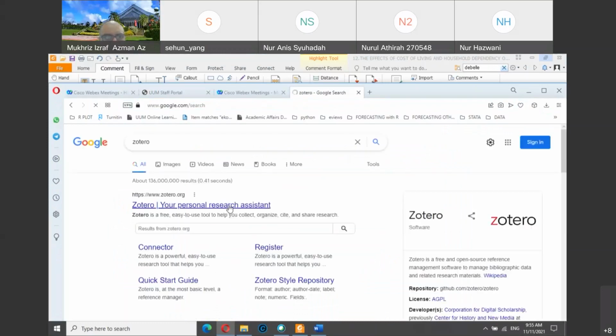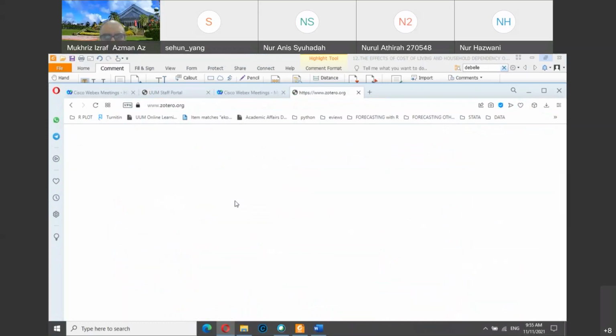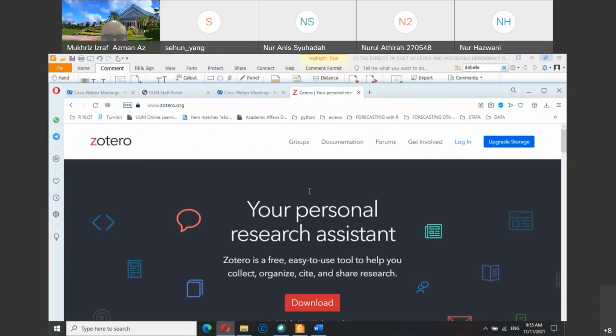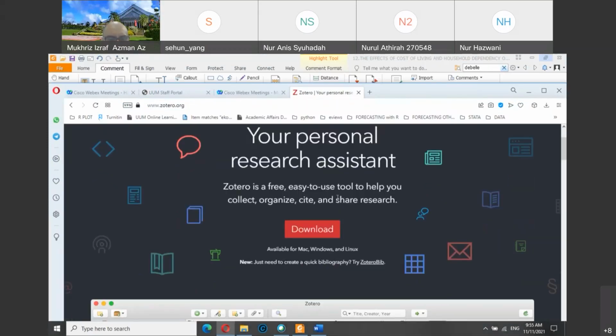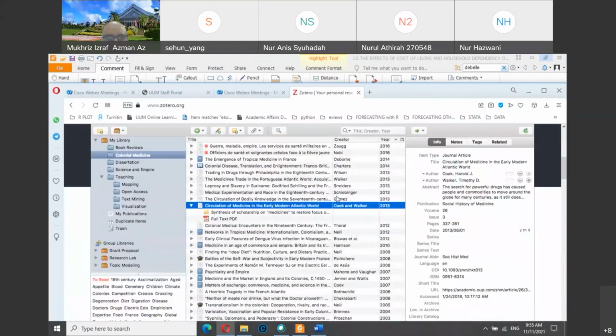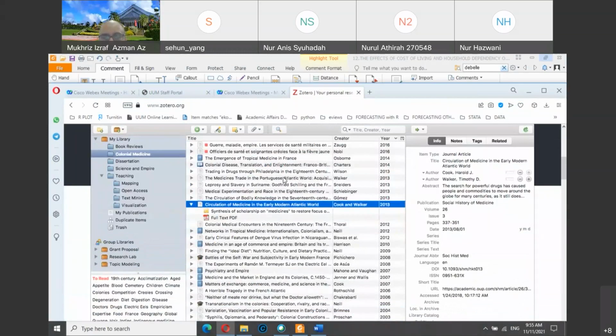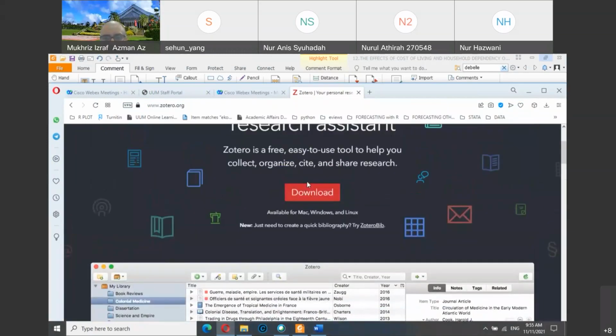Yes, this one. It's a free application for you to organize your references. So at least when you have Zotero installed in your laptop and you share your screen, I can see how you use Google Scholar to export into Zotero.